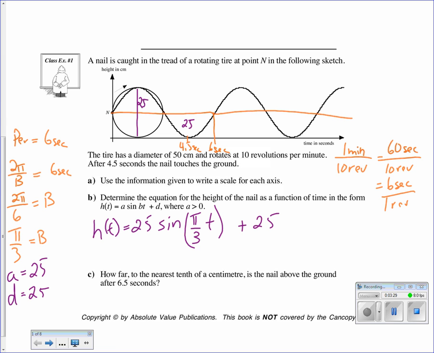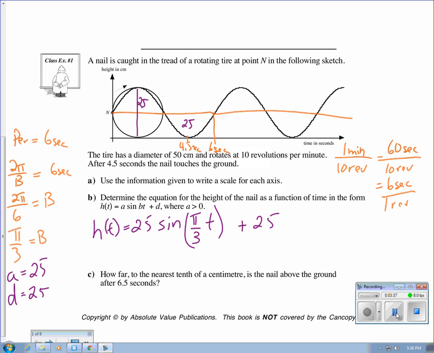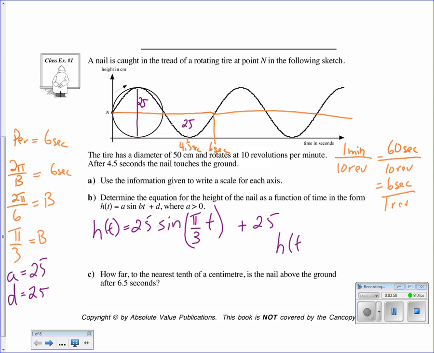And now I can use that equation to answer the question: how far, to the nearest tenth of a centimeter, is the nail above the ground after 6.5 seconds? So maybe being a little careful with how you enter your t in. I try to worry about my brackets, but at 6.5 seconds, the height of the nail is 37.5 centimeters. Sorry, that's for that question there.